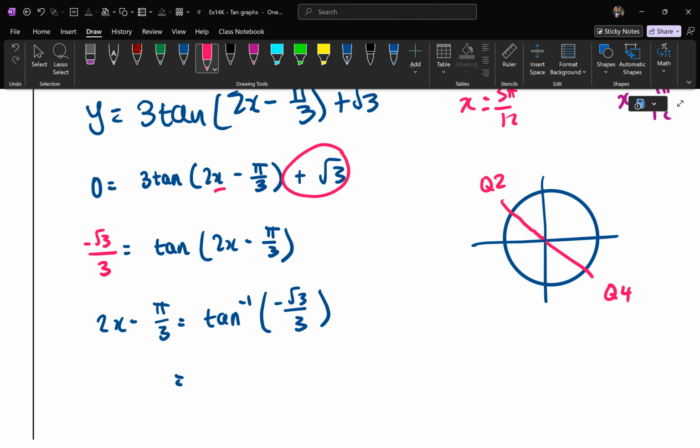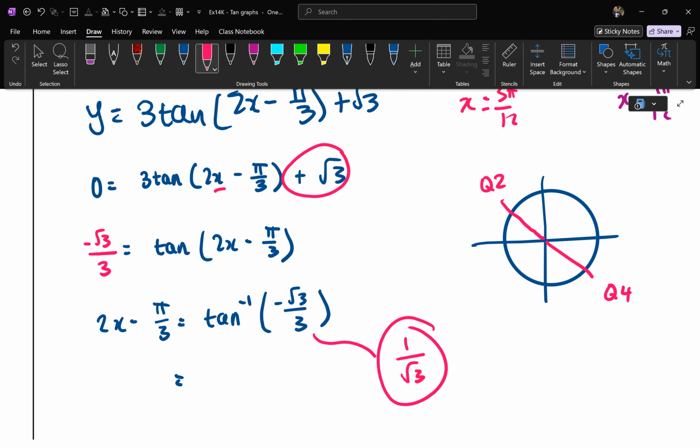And you're asking, well, now go through your exact values, the hand method. Tan of what angle will give you root 3 on 3? Root 3 on 3 is the same thing as 1 on root 3. So you think about it. The reason why I gave that to you to remember is because you want 1 sine finger on the top and 3 cos fingers on the bottom.